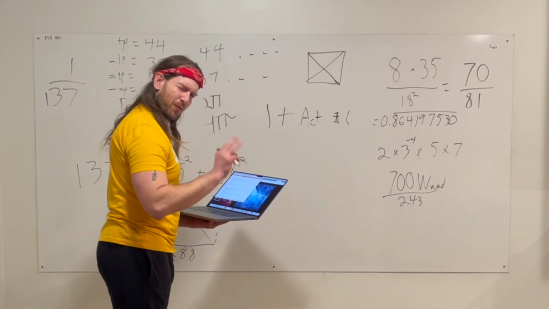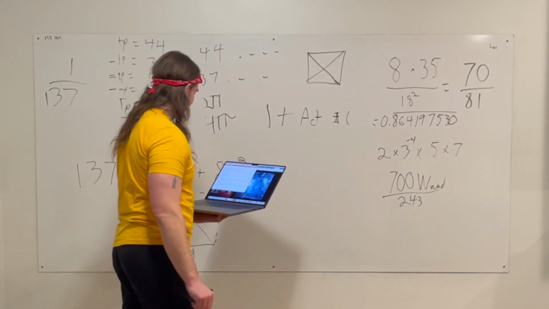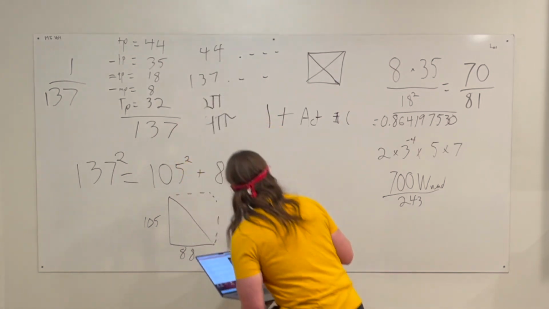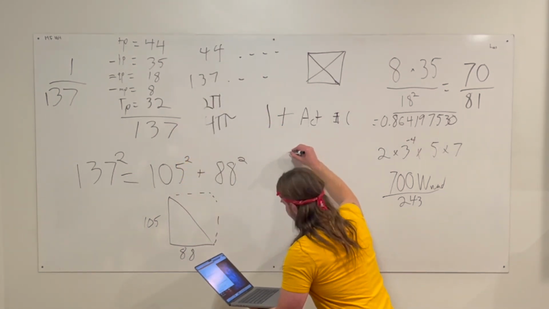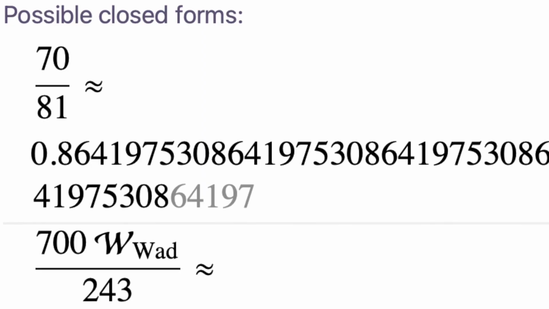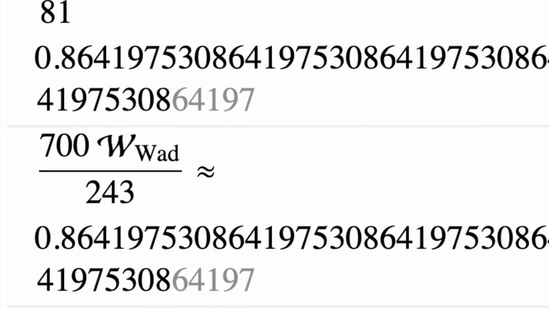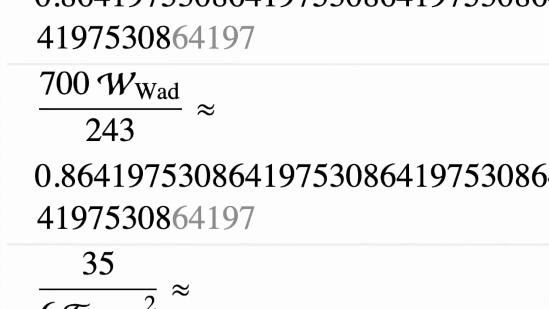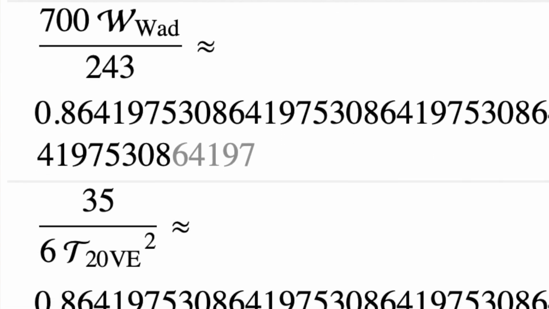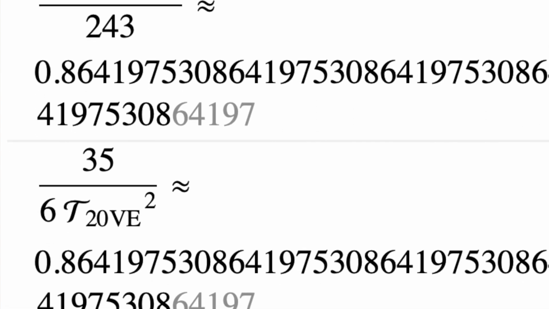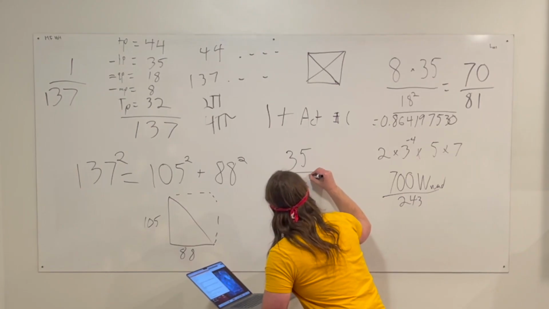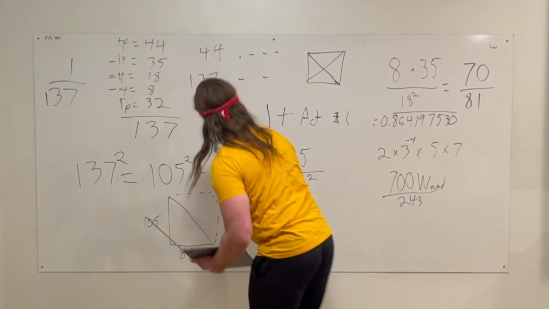But there was a third one that popped out that did catch my attention. And that was this: 35 over 6 times the 20 vertex entropy constant squared.